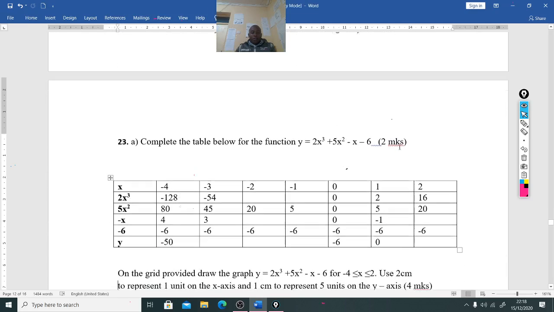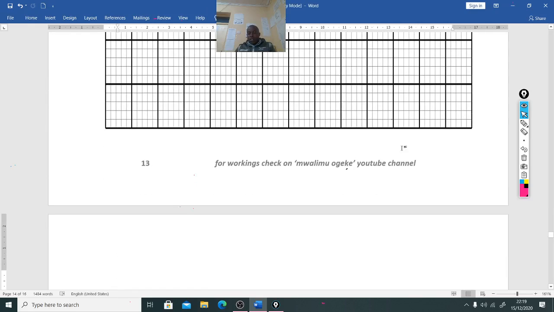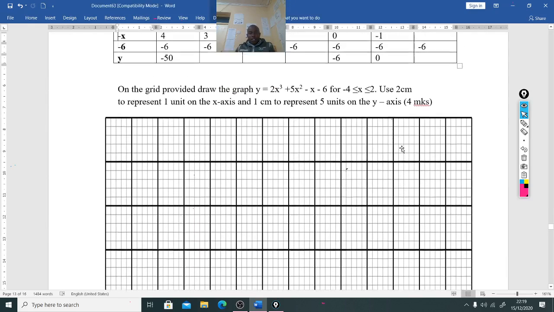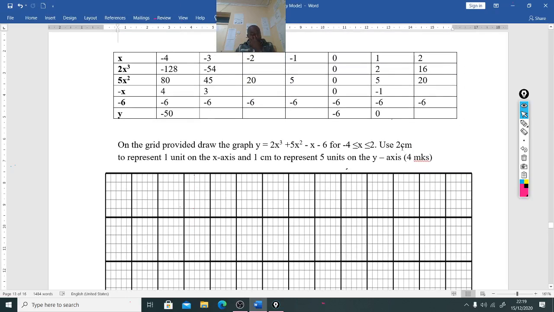Complete the table. Now just use your calculator correctly and fill this. You know how to do it.